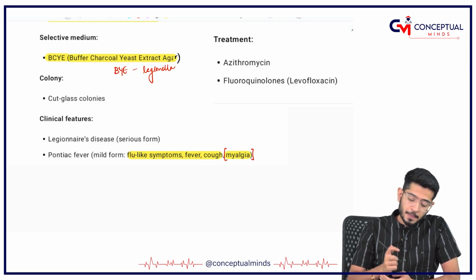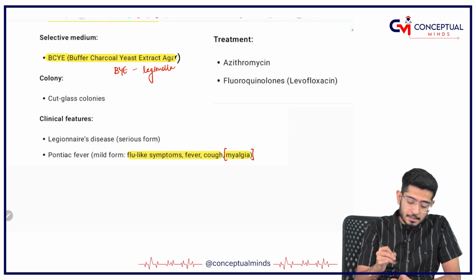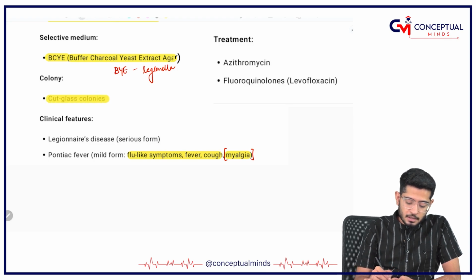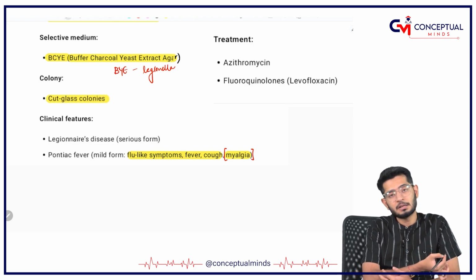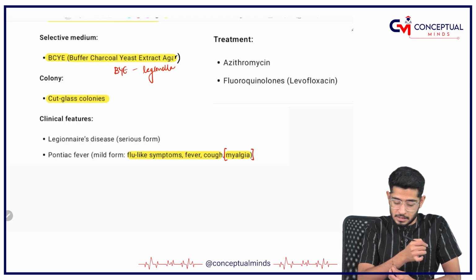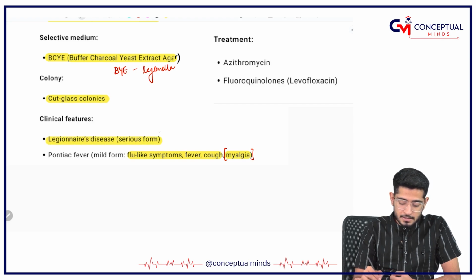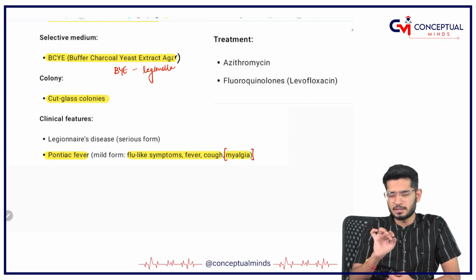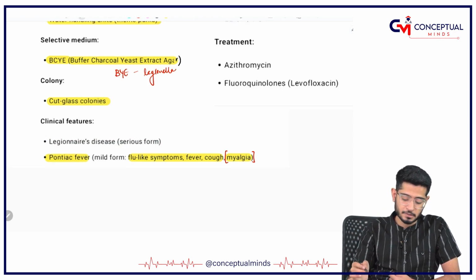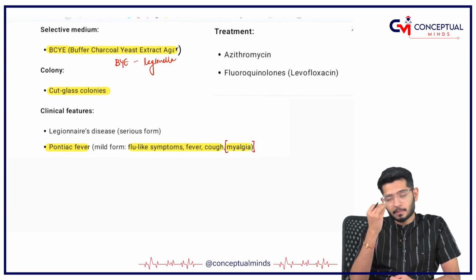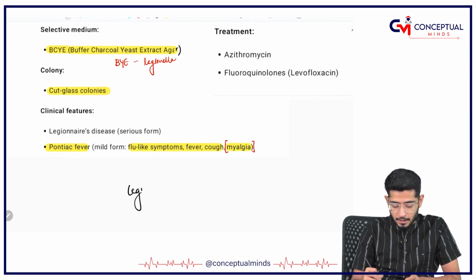And one important thing, how are the colonies? Cut glass colonies are there for Legionella. It is responsible for causing Legionnaires disease, responsible for pontiac-like fever. Flu, cough, fever, but myalgia is also going to be there. So you got it, Legionella, air loving, moisture loving, and very important, remember, Legionella.